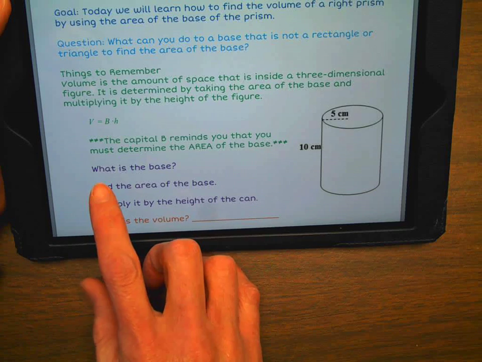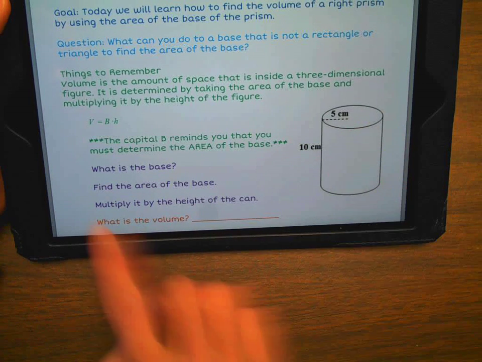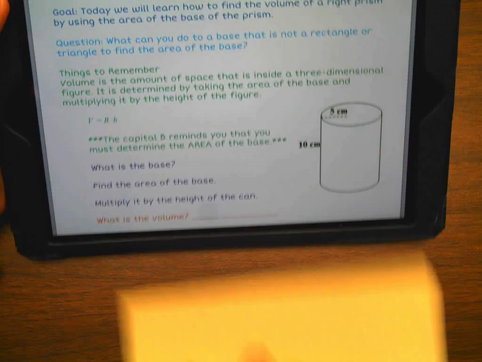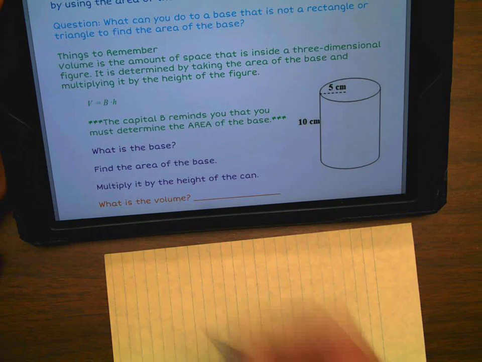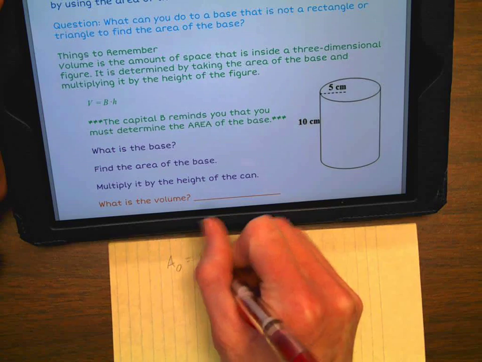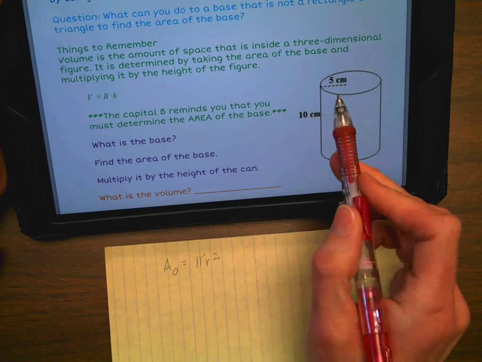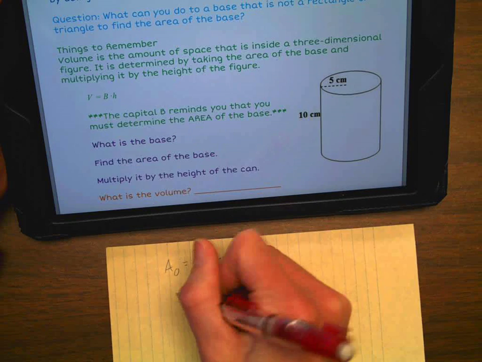So again, with this specific problem, it says, what is the base? We talked about it. It is a circle. Find the area of the base. So again, we know that the area of a circle equals pi times radius squared. And so I'm going to know that the radius says 5.